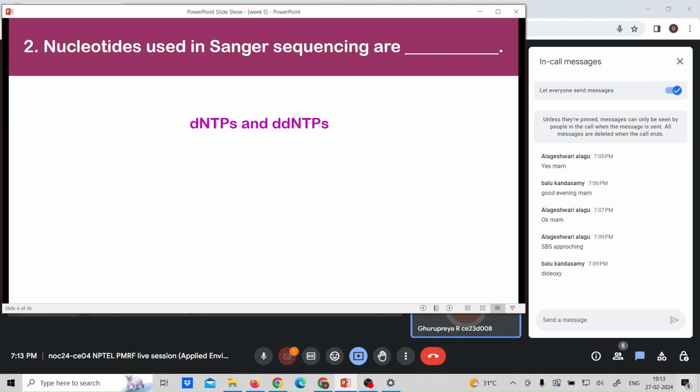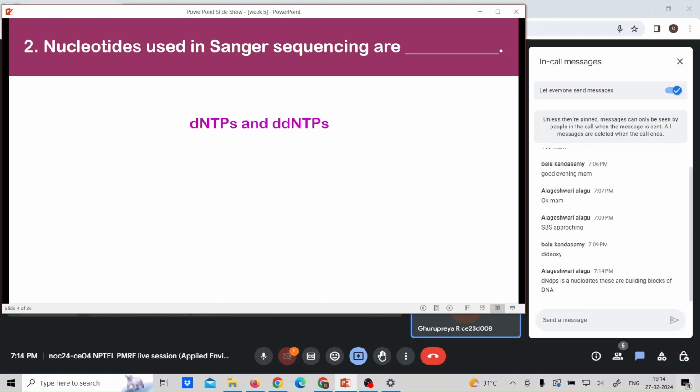Anyone who knows the difference between a dNTP and a ddNTP? Right. dNTPs are nucleotides and they are building blocks of DNA.